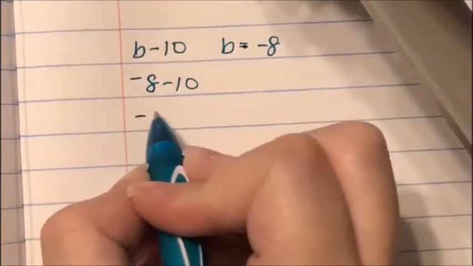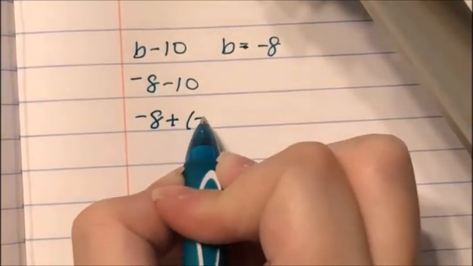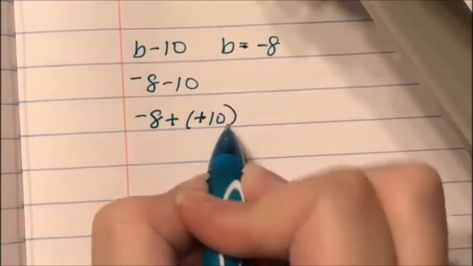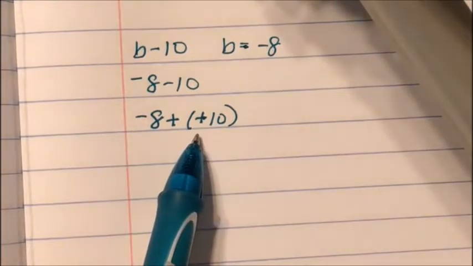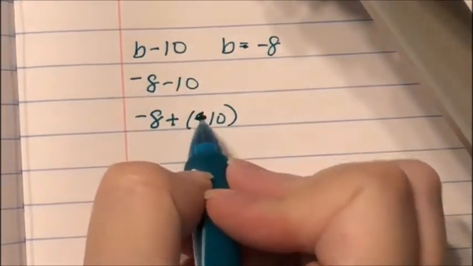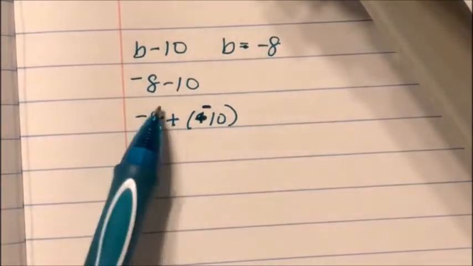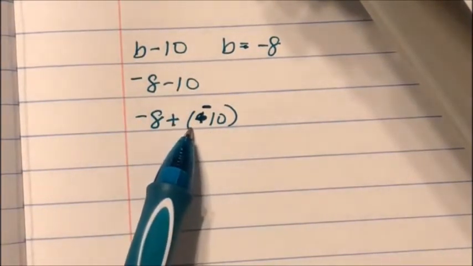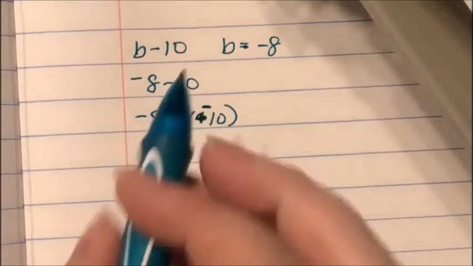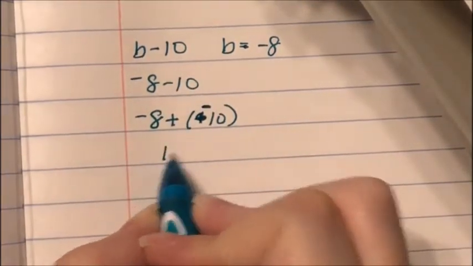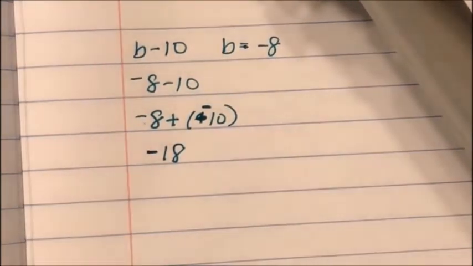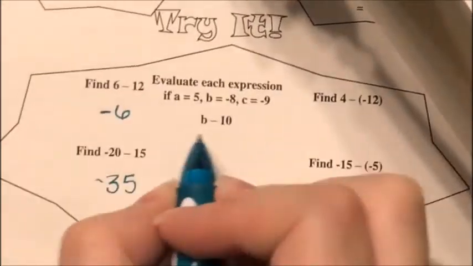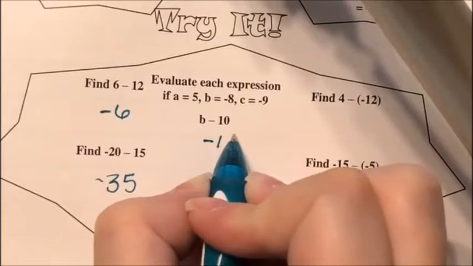So then I'm going to take negative 8 plus my additive inverse. 10 becomes negative 10. That's the additive inverse. So negative 8 plus negative 10, same sign, I add them together, I get 18. They're both negative, so my answer is negative 18. So B minus 10, if B is negative 8, gives me negative 18.